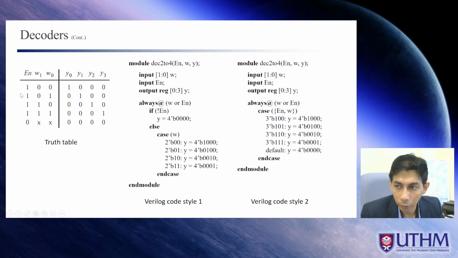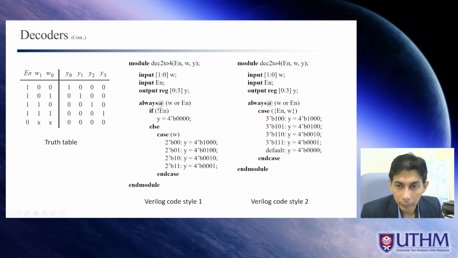Input En is 1 bit. We have output Y, which is 4-bit, Y0 until Y3, so we can write 0 to 3. And we need to have reg as well, because Y is a variable inside the always block, so Y must be declared as reg.